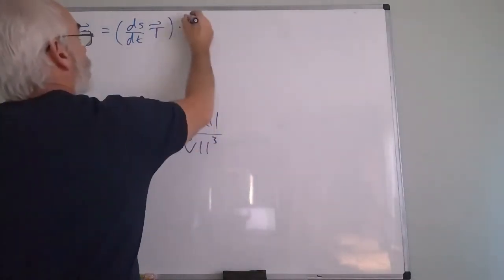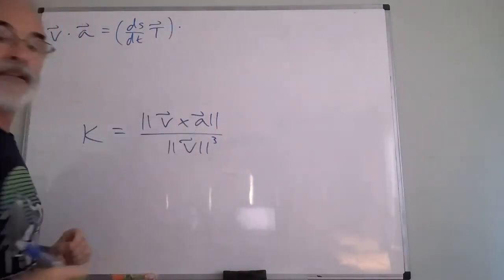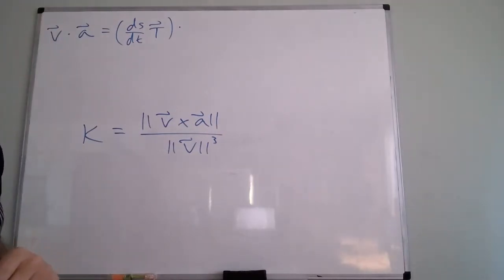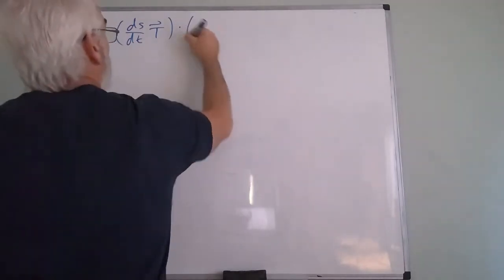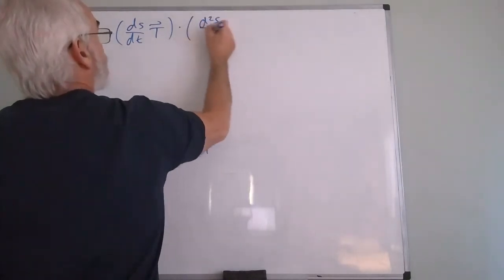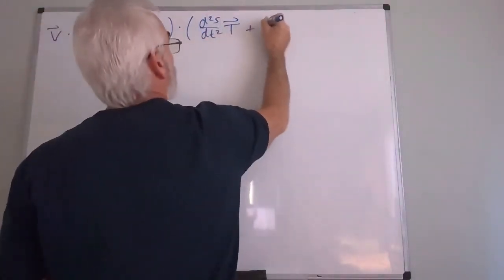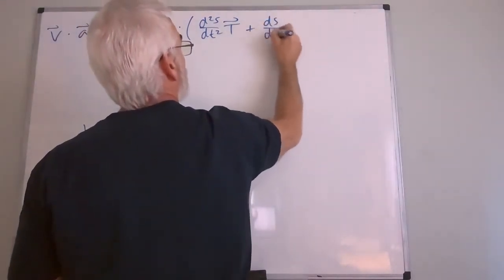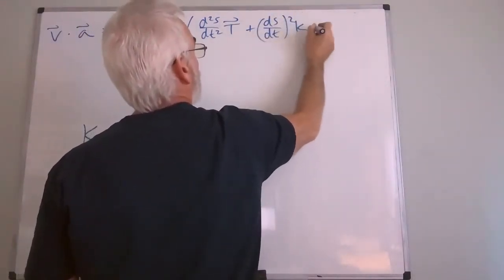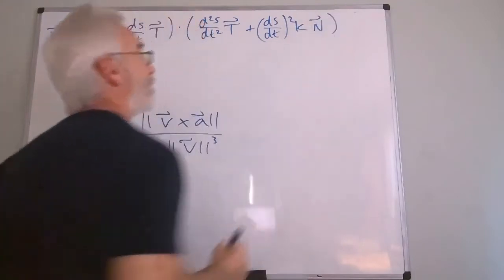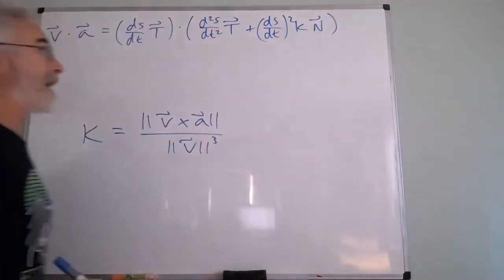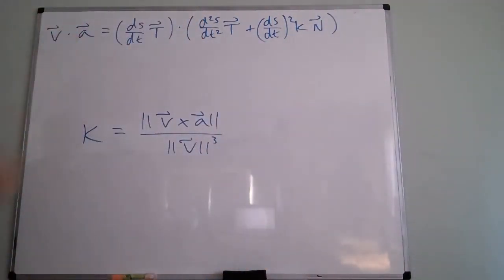Dotted with, and now let's do it in terms of the actual components. So this would be dotted with d squared s/dt squared T, that's my AT, plus (ds/dt) quantity squared kappa N, right? And this was the whole point of today's lecture, was getting that. So I have no doubt that that's a correct statement. I don't know where it's going, but I do know that it's correct.